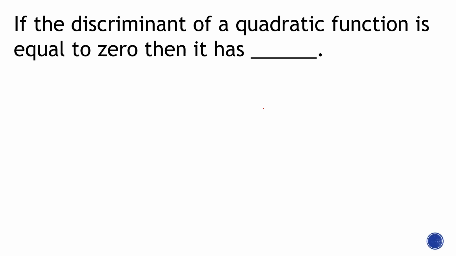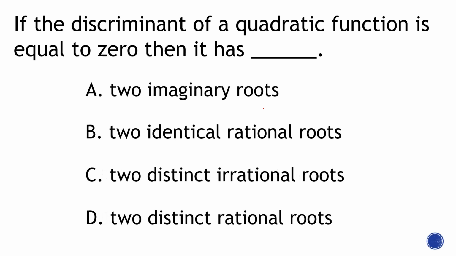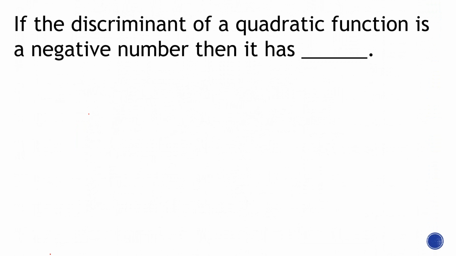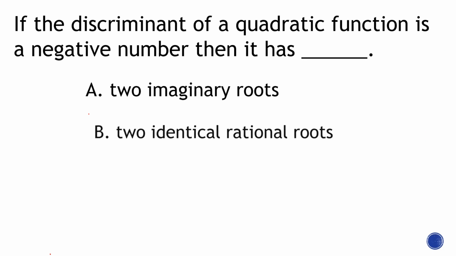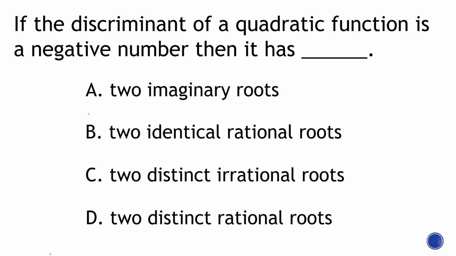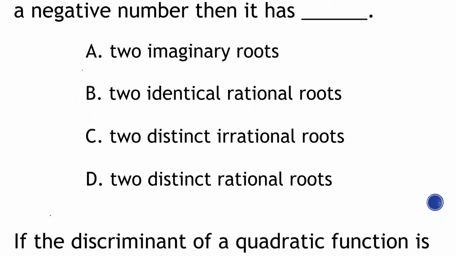If the discriminant of a quadratic equation is equal to 0, then what's the answer? That's right, you're going to have two identical rational roots. If the discriminant is a negative number, then it has, that's right, two imaginary roots.